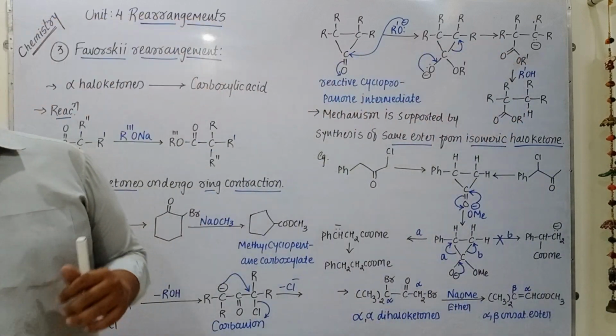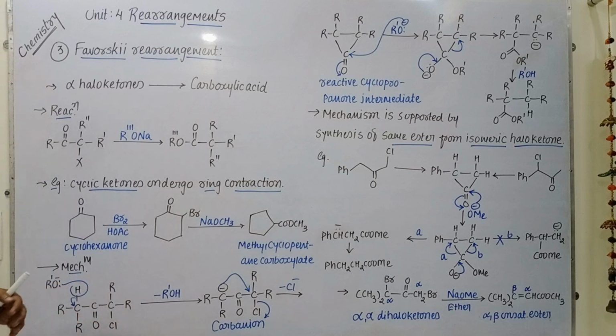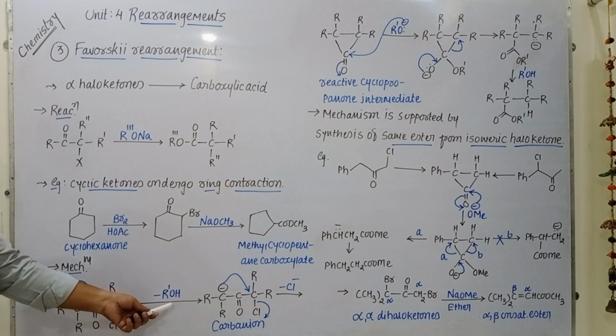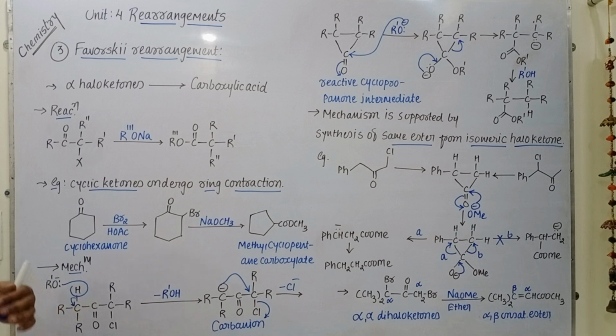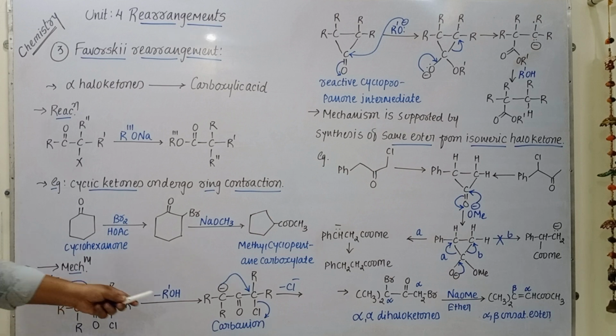How this conversion is basically carried out can be easily explained with the help of the mechanism. Here we are taking the example of an alpha haloketone when it reacts with either alcohol or sodium alkoxide. As we know, alkoxide is a strong base, right? So it will abstract a proton, and this bonding pair is shifted over the carbon to give a carbanion intermediate.